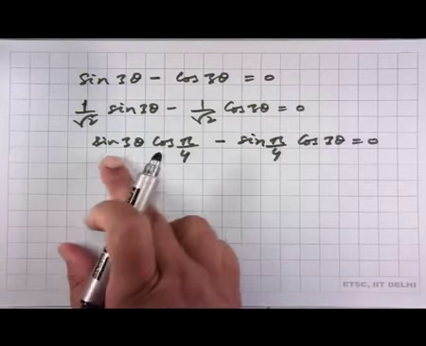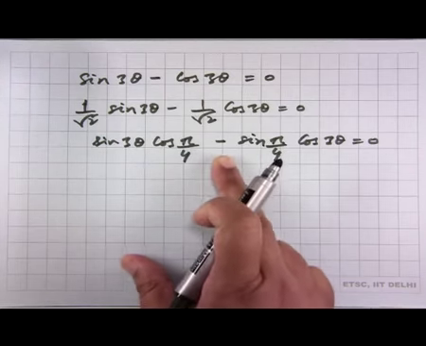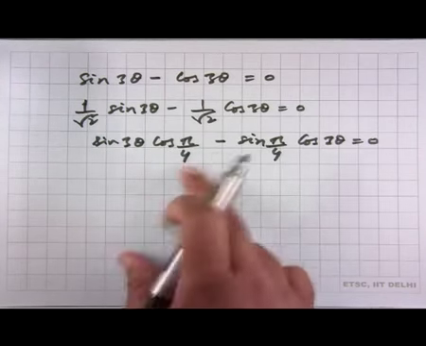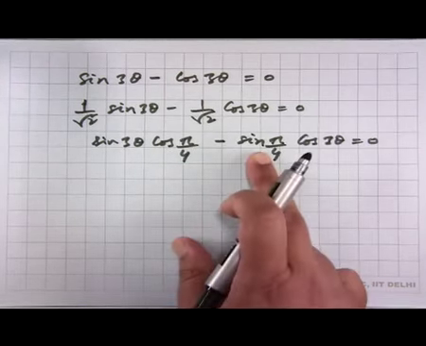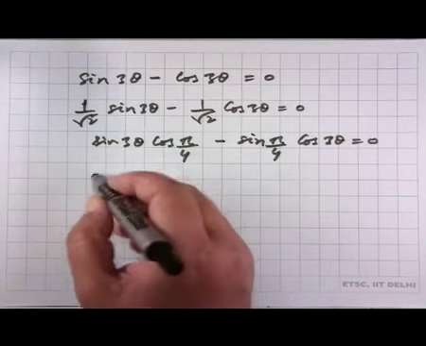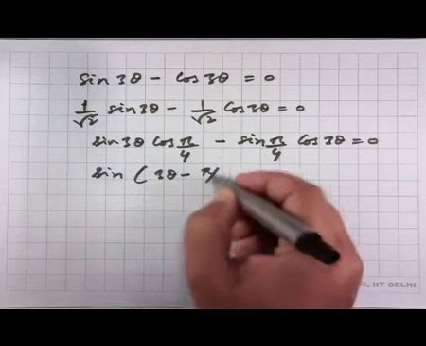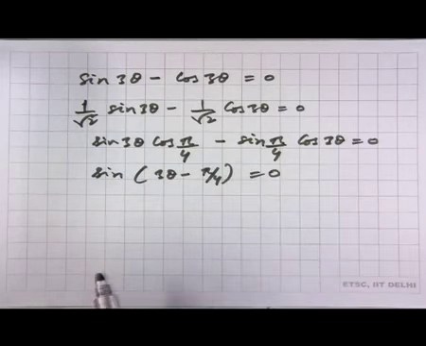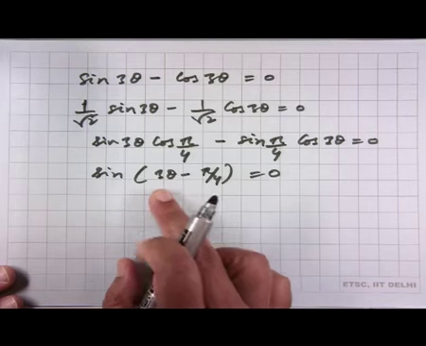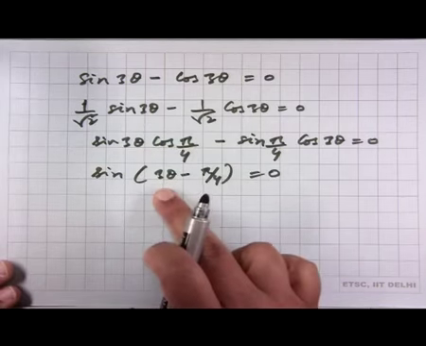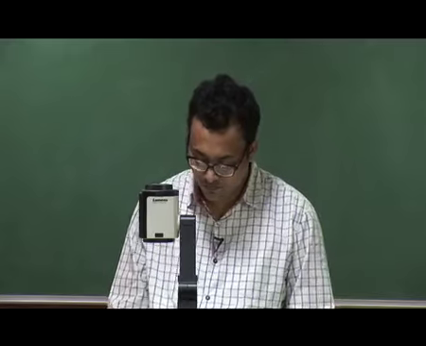But this is of the form sin A cos B minus cos A sin B. So, this is sin of A minus B, which is sin of 3 theta minus pi over 4 equals 0. So, we have used the sin of A minus B formula here with A equal to 3 theta and B equal to pi by 4.